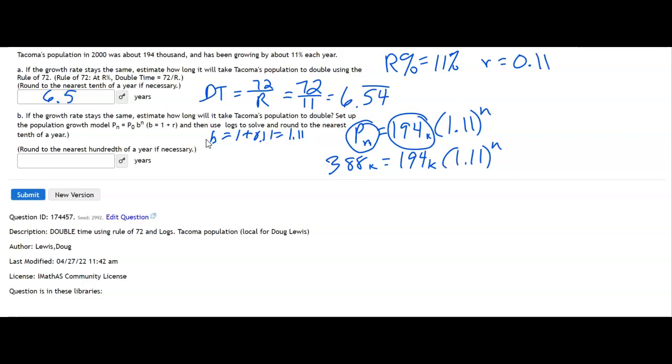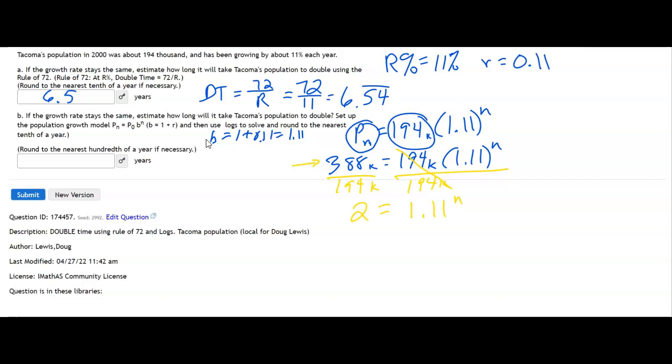Now to solve that, we're going to divide both sides by 194,000. And you're going to see that it didn't matter what that initial population is. I got the 388 by doubling 194. So this is always going to give you a 2 no matter what the initial population is. So every single time you ask for doubling, you're going to get a 2 there equals b to the n power.